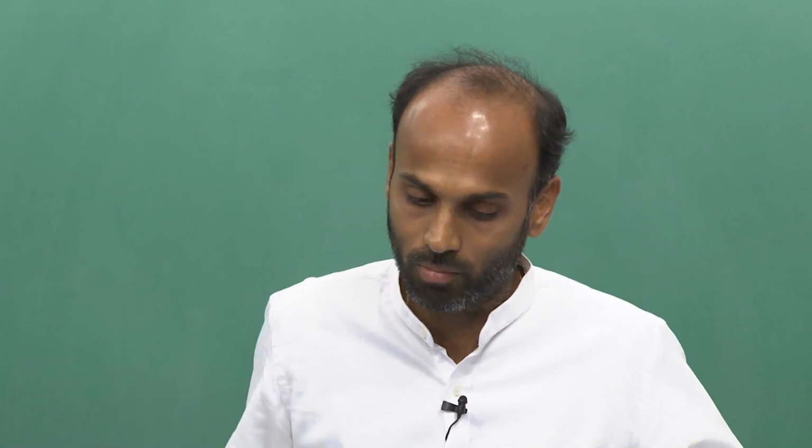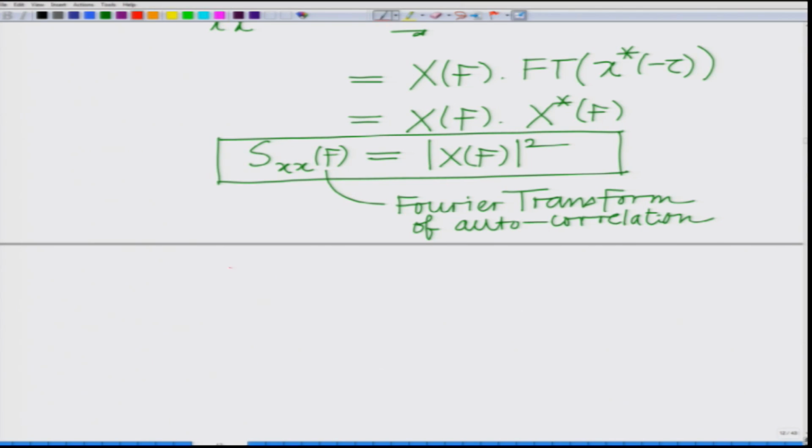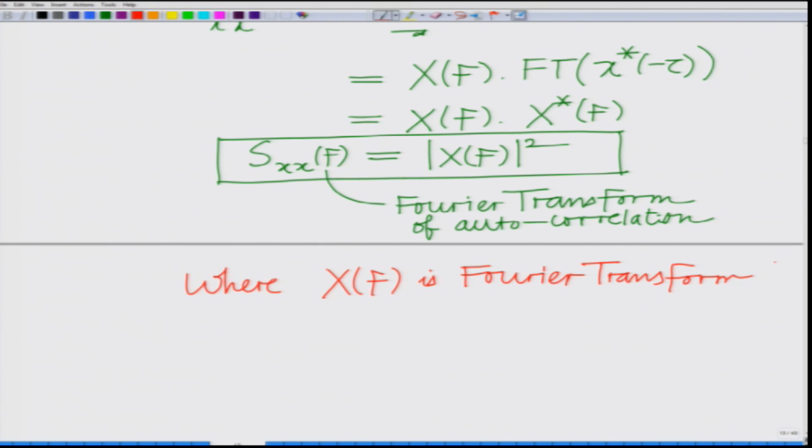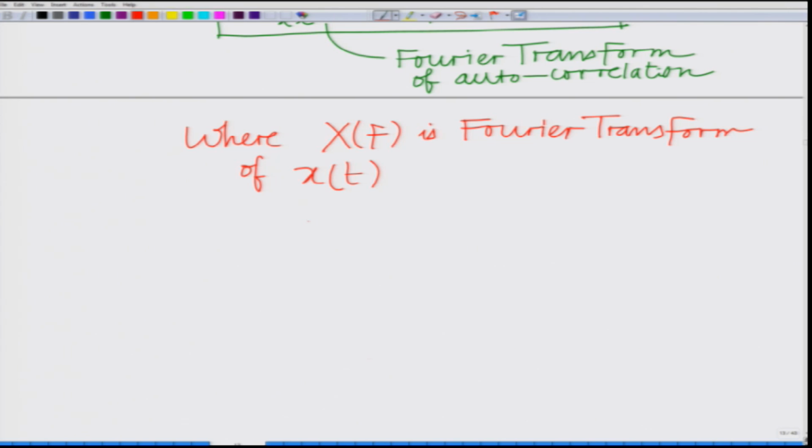That is also important to keep in mind: x(t) and X(f) form a Fourier transform pair.